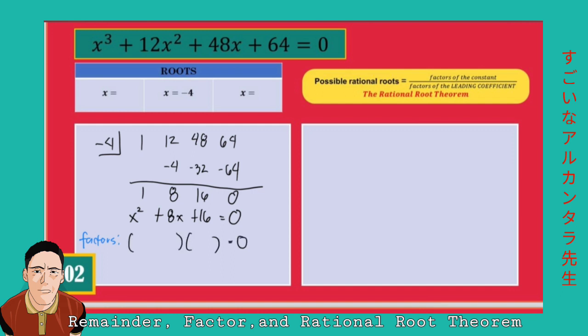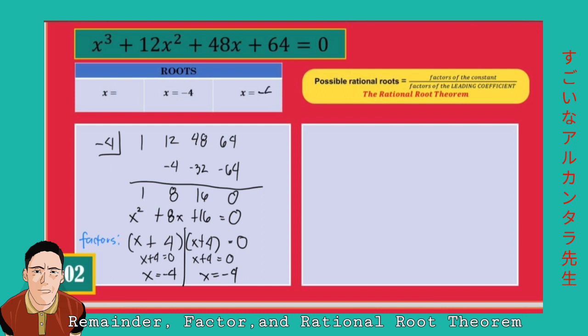X squared, x times x. 16, 4 times 4, because 4 times 4 is also 16, and 4 plus 4 is 8. And since everything is positive, it's basically plus 4. Equate to 0. X plus 4 equal to 0. And as you can notice, x is equal to negative 4.